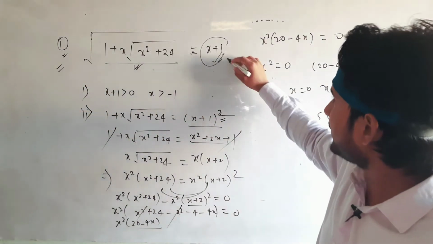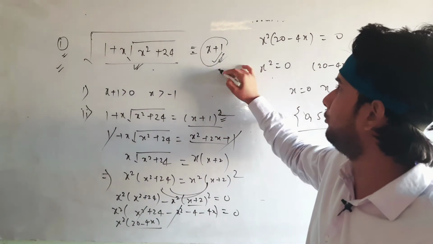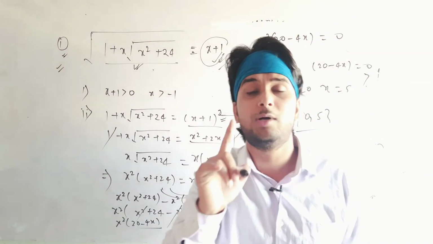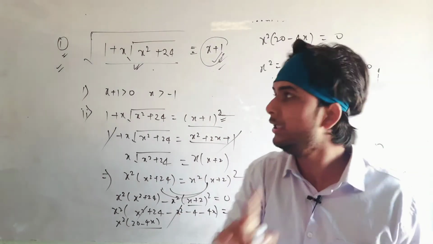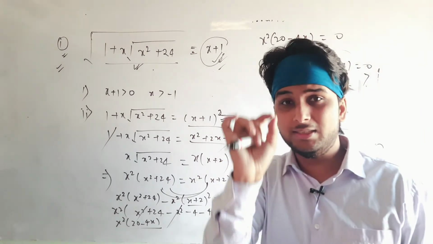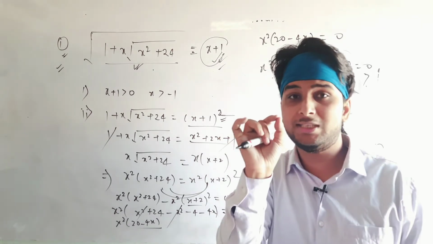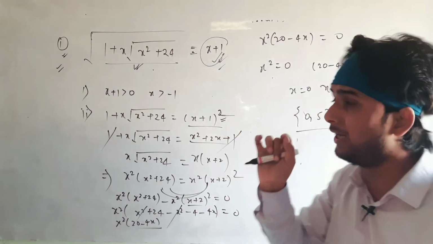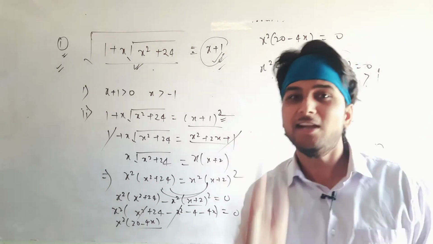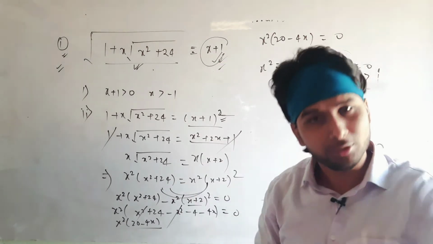Then this is equal to x plus 1, you have x plus 1 greater than 0. Mainly you have to think about the square root of any expression, and the only keyword of irrational inequality is that a square root is always positive, and inside the square root it also must be greater than or equal to 0.